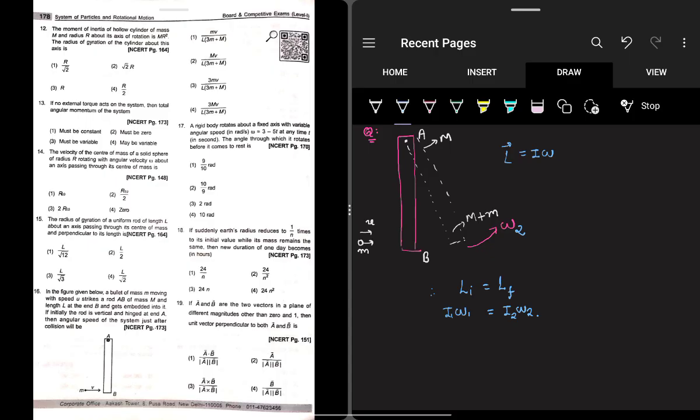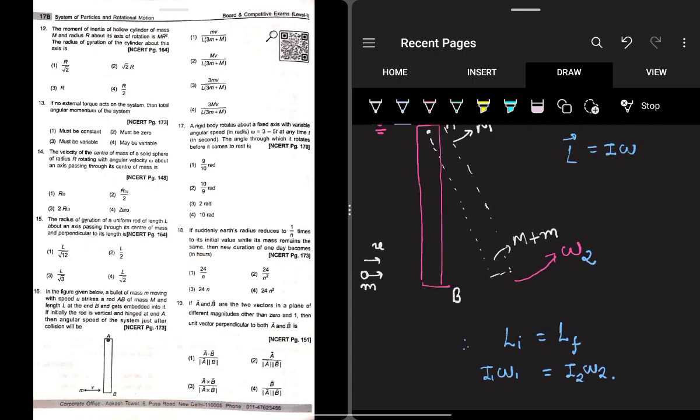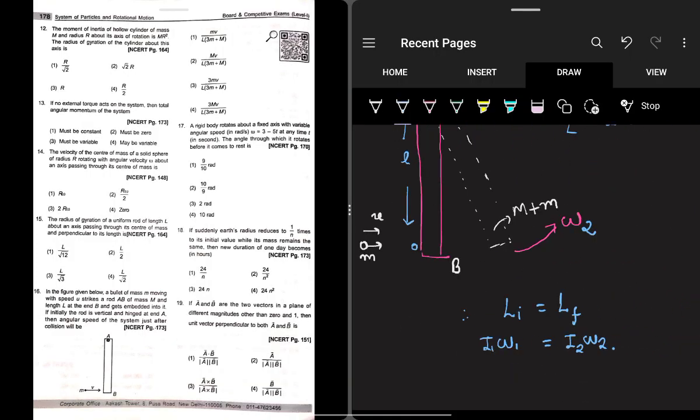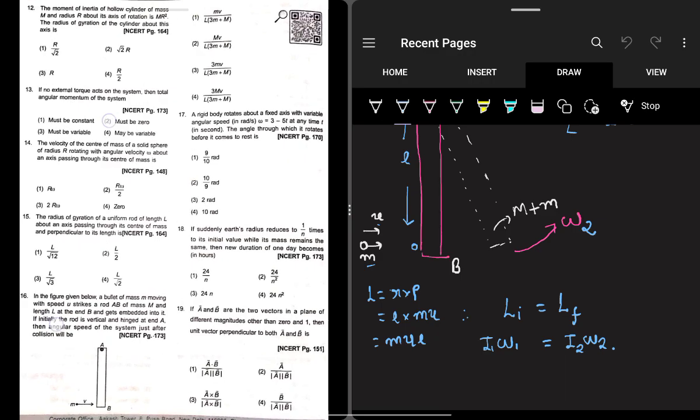So initially when this bullet strikes this rod, it is at distance L, right? And it is having a linear velocity of u, as you can see. So here the angular momentum is r cross p, right? Here r is L and p is mv, so m multiplied by u. So it is mul. This was the initial angular momentum. Again, read the question.